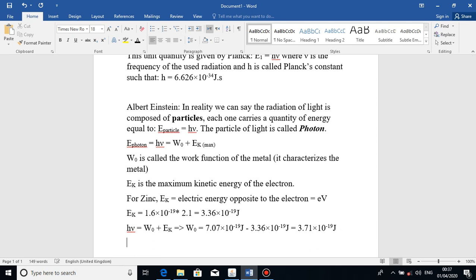And if I divide it by 1.6 times 10 to the power negative 19, it will be 2.32 eV, in electron volts. This is how to calculate the work function of a certain metal.